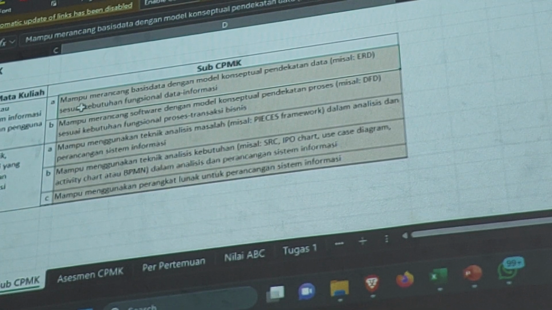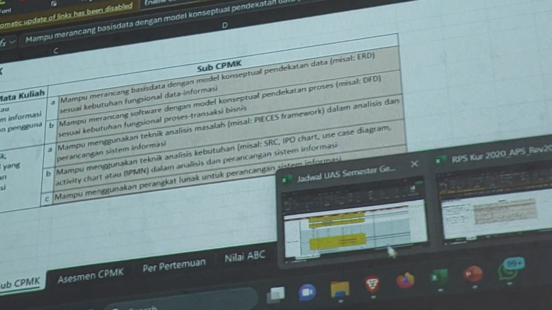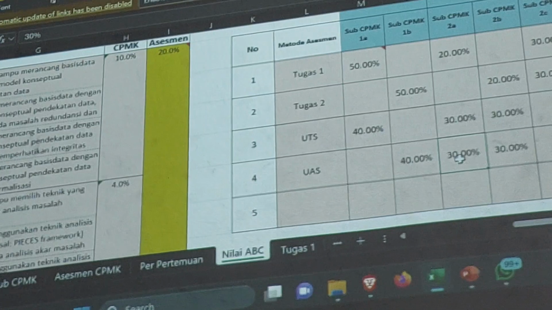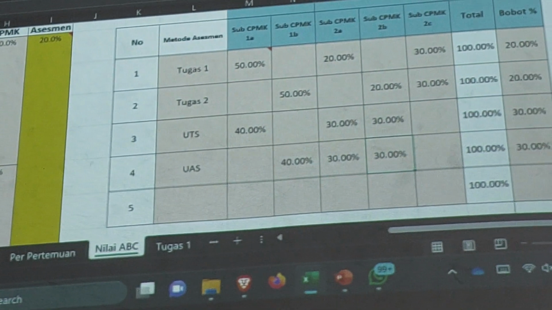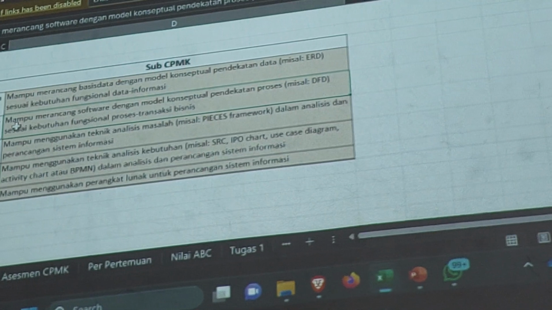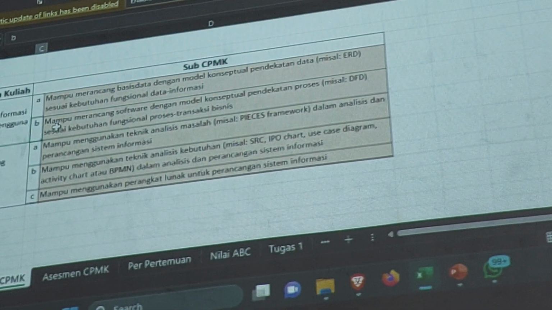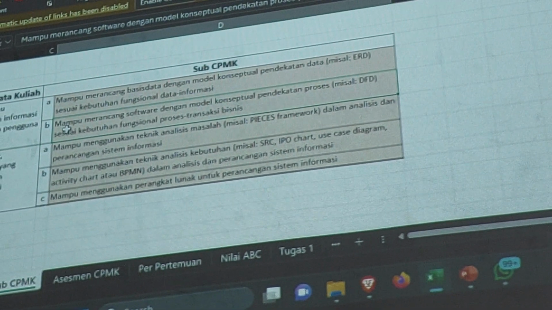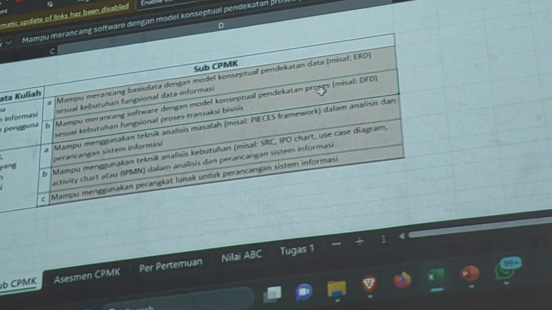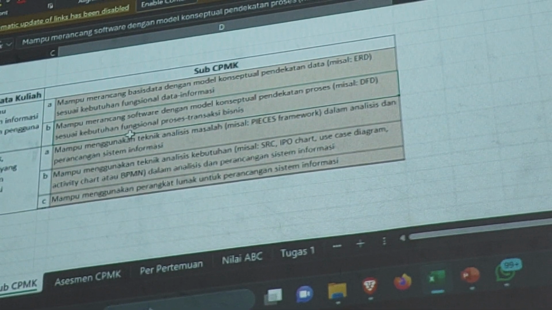1A, 1B, 2A, 2B. So we'll assess about 1B. You can design a so-called conceptual model for business approach like DFD.